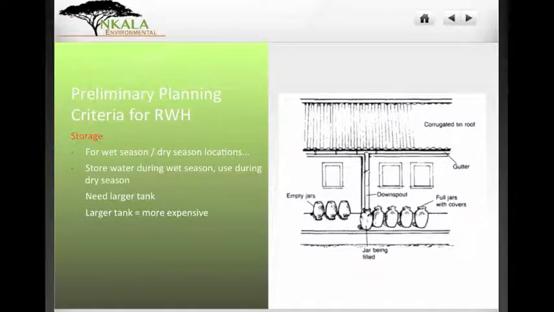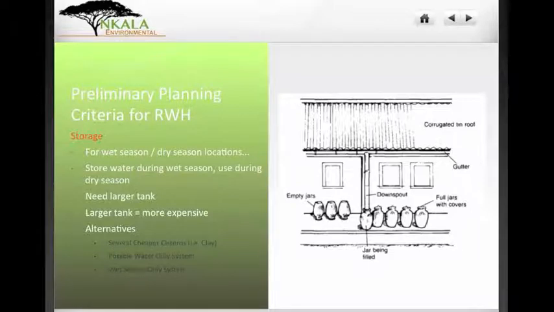But there are alternatives. One of the alternatives you see in the picture here, rather than having one huge tank, is to have several smaller tanks or several cheaper tanks. Locally, you can have clay tanks made for a very inexpensive amount of money.